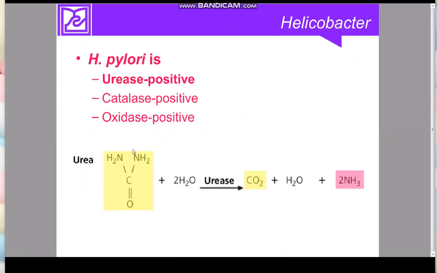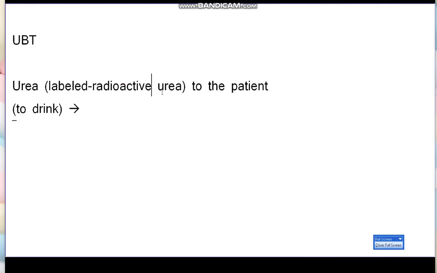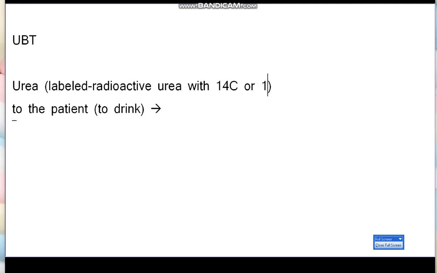This is the molecule of urea. We give urea using a special urea that contains radioactive carbon. Carbon 14, carbon 13. Radioactive carbon. This carbon is radioactive.